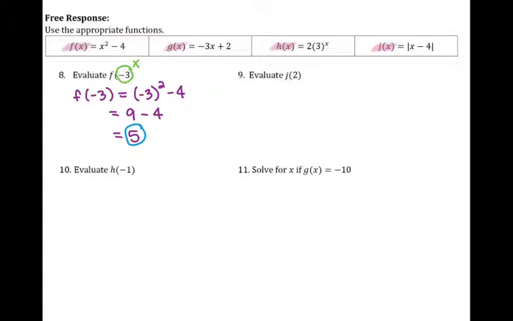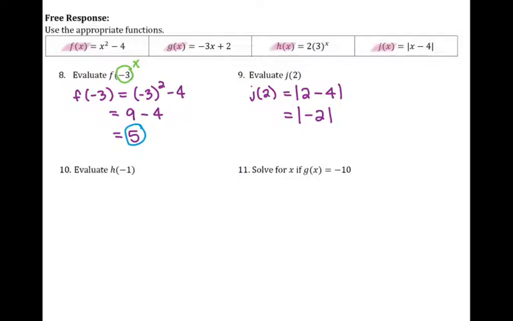Number 9, j of 2. So I'm going to plug it into the j function. So j of 2 equals absolute value of 2 minus 4. Well, I'm going to simplify what's inside my absolute value. So 2 minus 4 is -2. And what absolute value does is it talks about distance from 0.